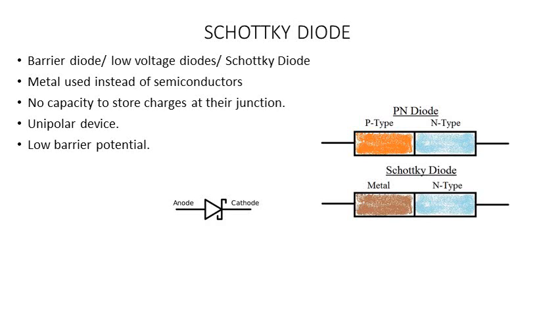So let's look at the working of the Schottky diode. Before looking at the working, this is the symbol of the Schottky diode. It's almost similar to a zener, except that you have an S towards the cathode end.